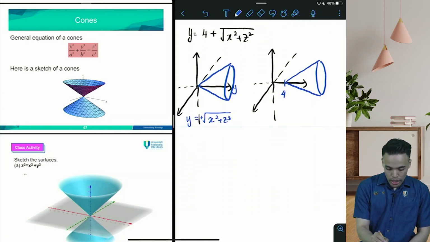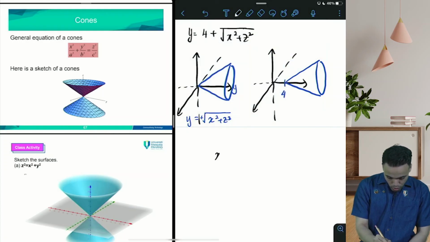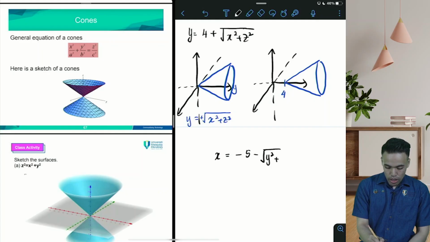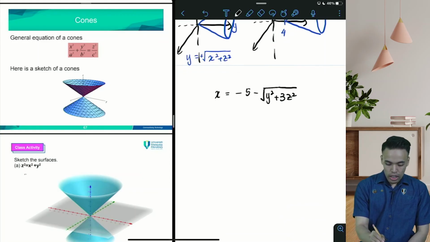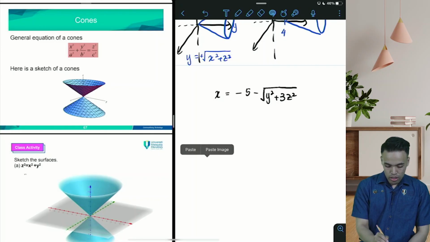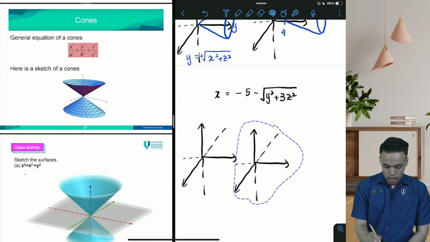Okay, let's try another question. For example, x is equal to -5 minus square root of y squared plus 3z squared. Okay, again, when you are given this question, let's try to sketch another one.